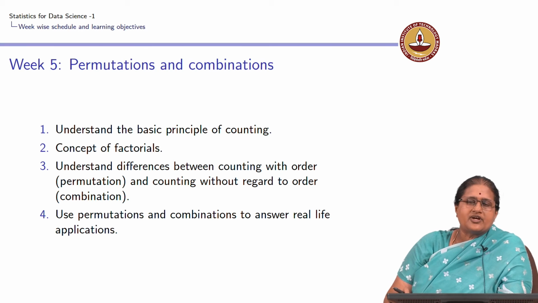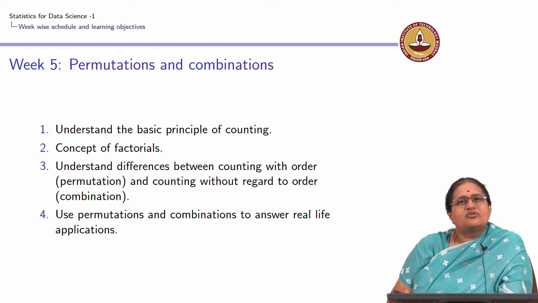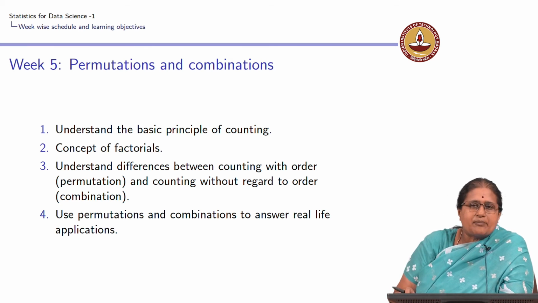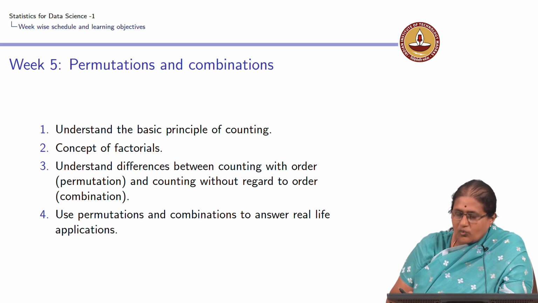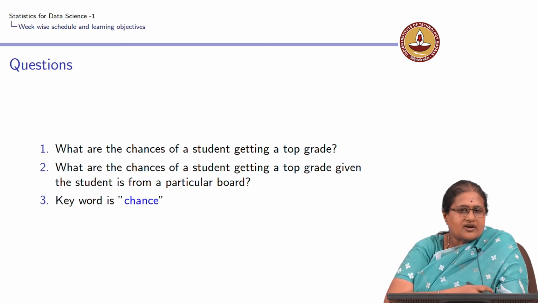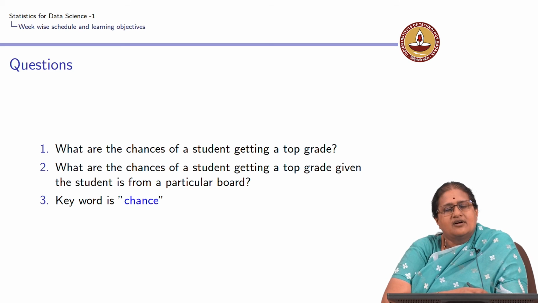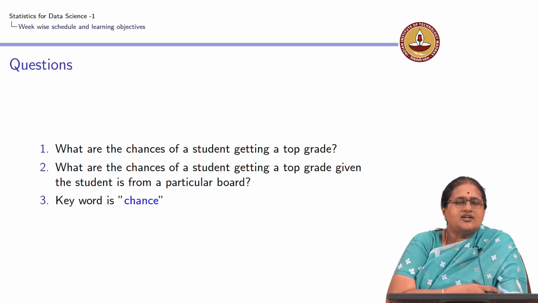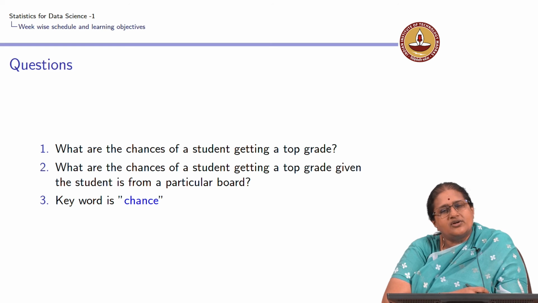At the end of week 5, once you understand how this basic principle of counting is applied, we move on to the questions we are really asking here. When there is a lot of uncertainty, a student who has just joined college, based on the marks obtained in their 10th and 12th classes, would immediately want to know: what is the chance of me getting a top grade?